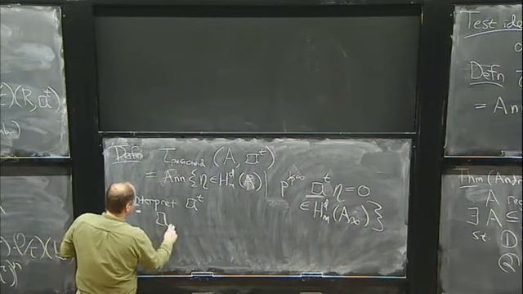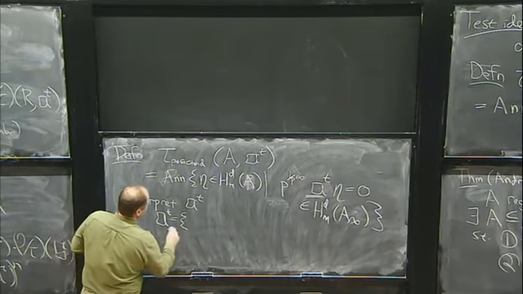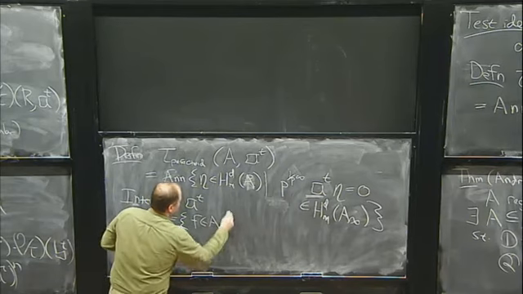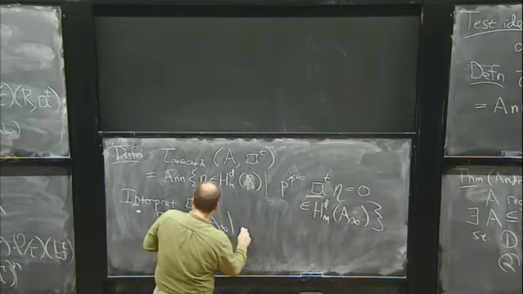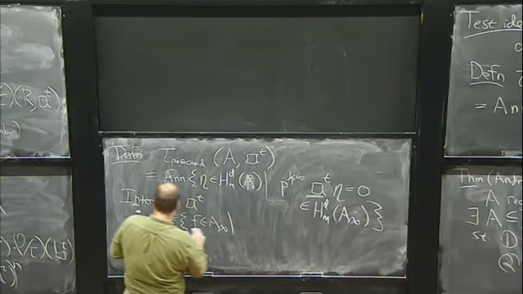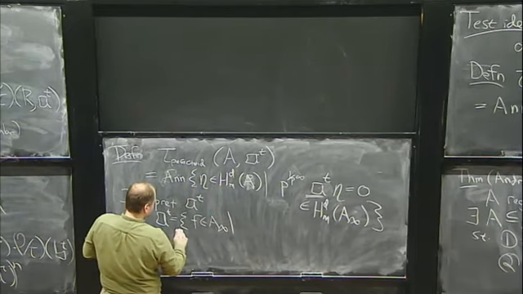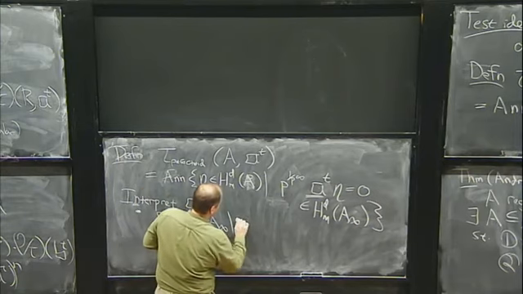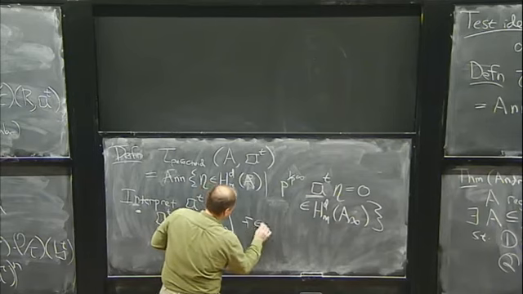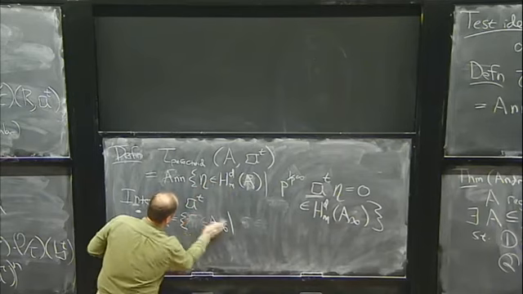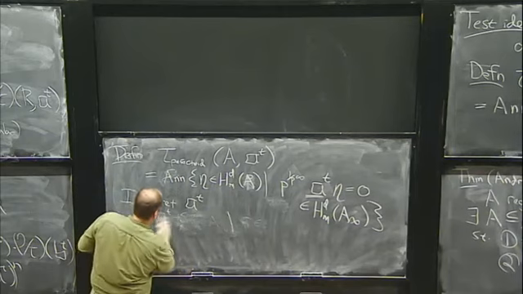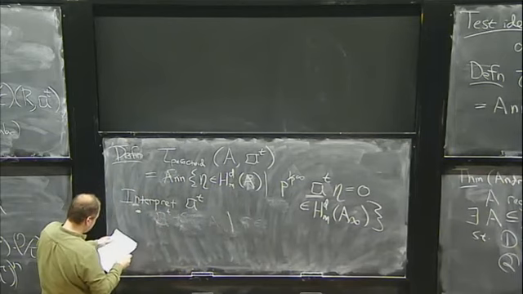A to the t, you could say, is a set of all f in A infinity such that, let me see how I wrote it in here.